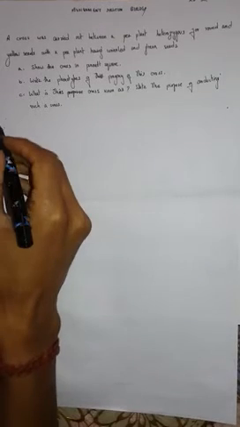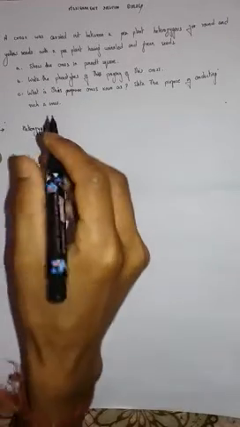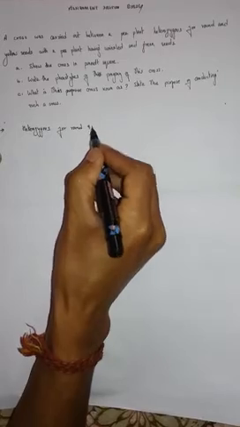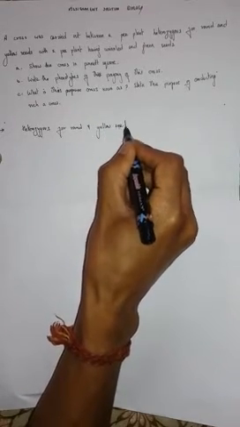First of all, what you have to learn is to check the parental characters which have been taken for the cross. In this question the pea plant that has been selected is heterozygous for round and yellow seeds.